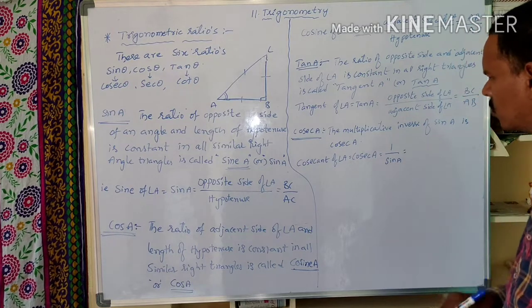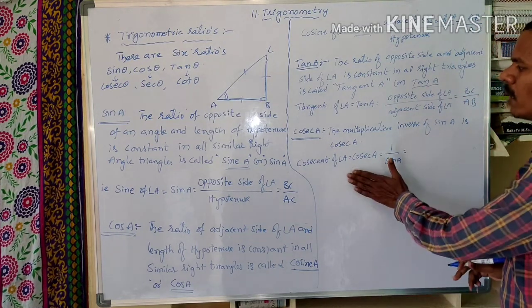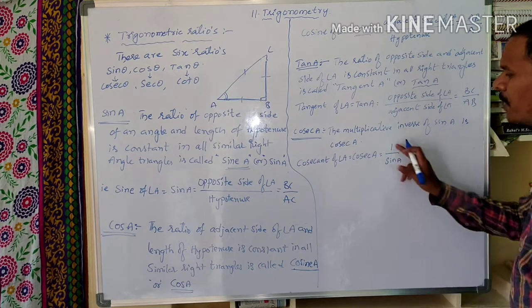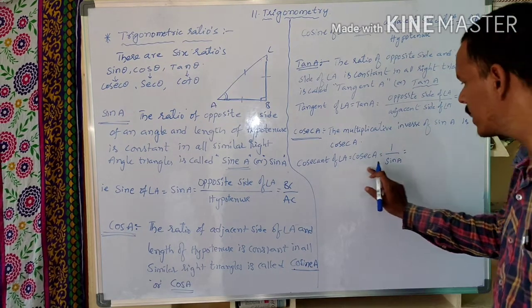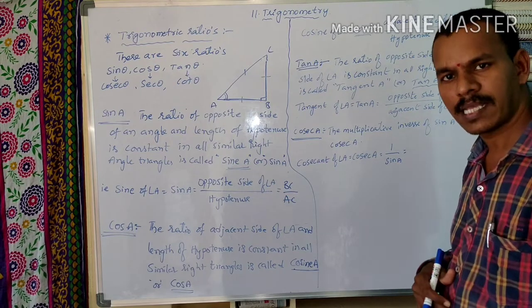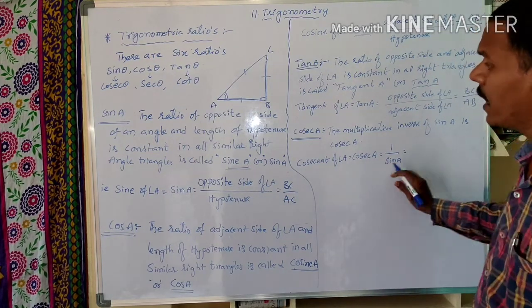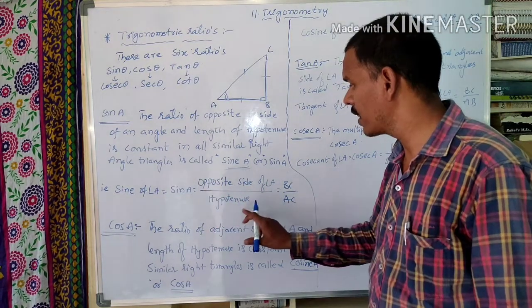But cosec A means what? The multiplicative inverse of sin A, that is 1 by sin A. So cosec A is equal to 1 by sin A. We know that sin A means the opposite side of angle A by hypotenuse.